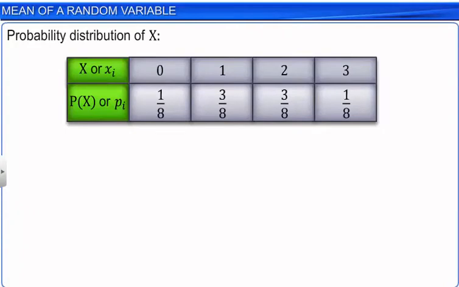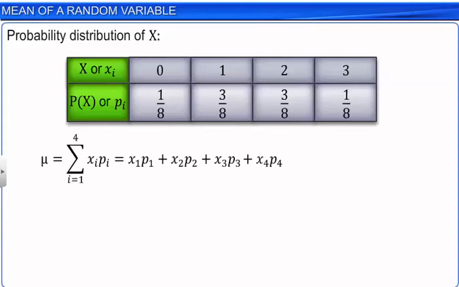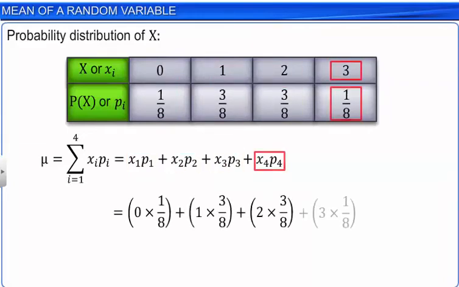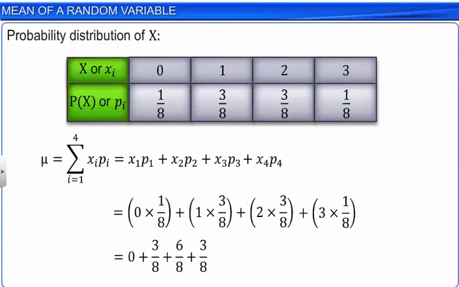Now, the mean of x is equal to x1 into p1 plus x2 into p2 plus x3 into p3 plus x4 into p4. On substituting the values of x and their respective probabilities, we get the expression as shown. On simplification, we get 12 divided by 8. Hence, the mean of random variable x is 1.5.